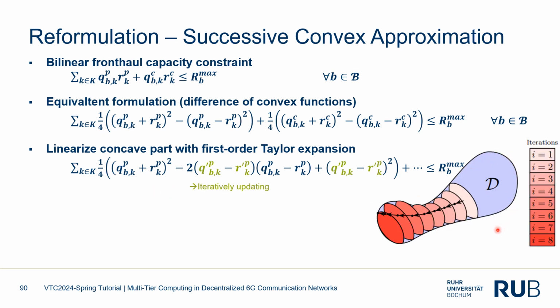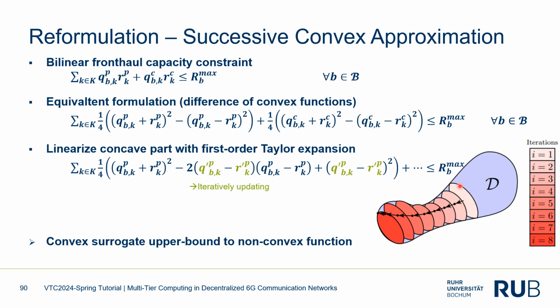And as a more general view on this successive convex approximation, we have, for example, a constraint set, which is called D, and this is highly non-convex. The idea of successive convex approximation is to find a fixed point here.